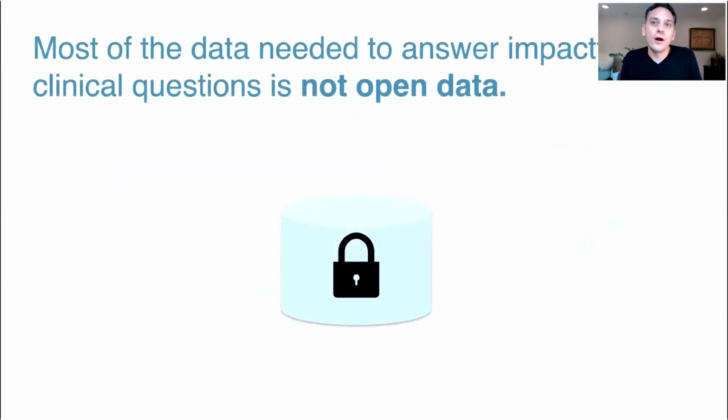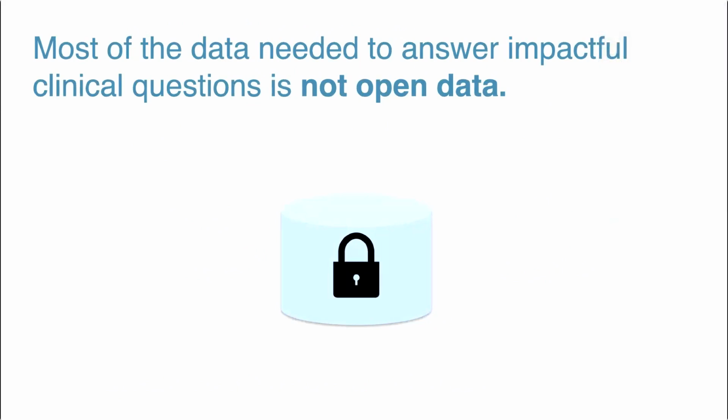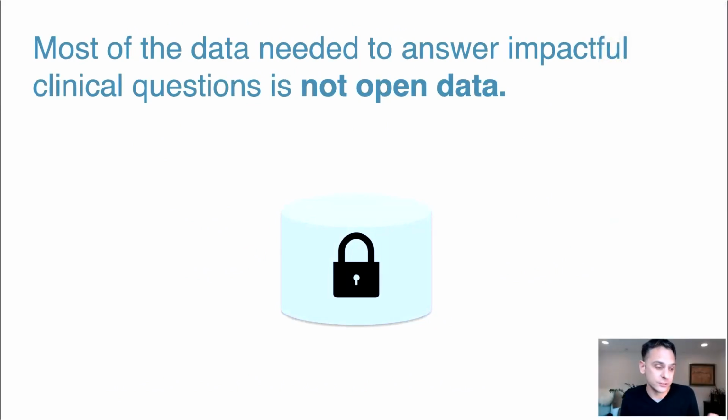Now, unfortunately, a lot of the data that we need to answer impactful questions are not open data. There are restrictions such as HIPAA in the US, and the GDPR has put restrictions on how we can access and use data within Europe, as well as ethical implications. You need to consider how this data was consented, and whether there are ways data that can't be fully open can be used.